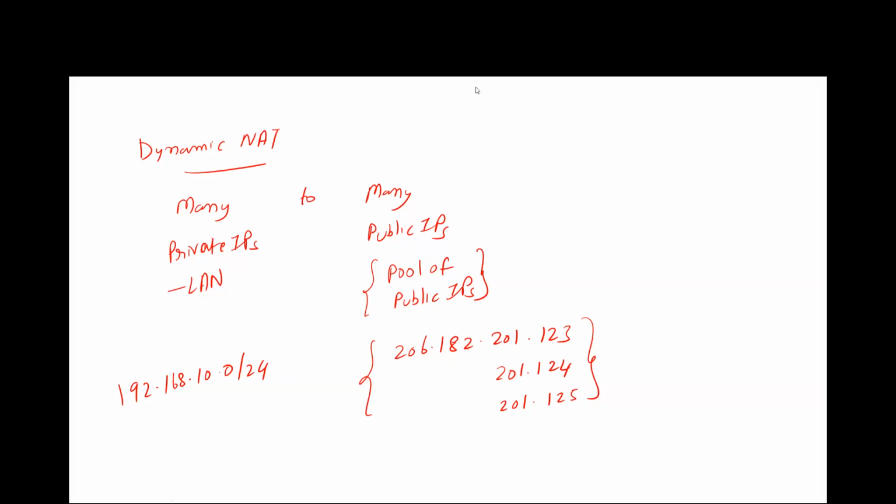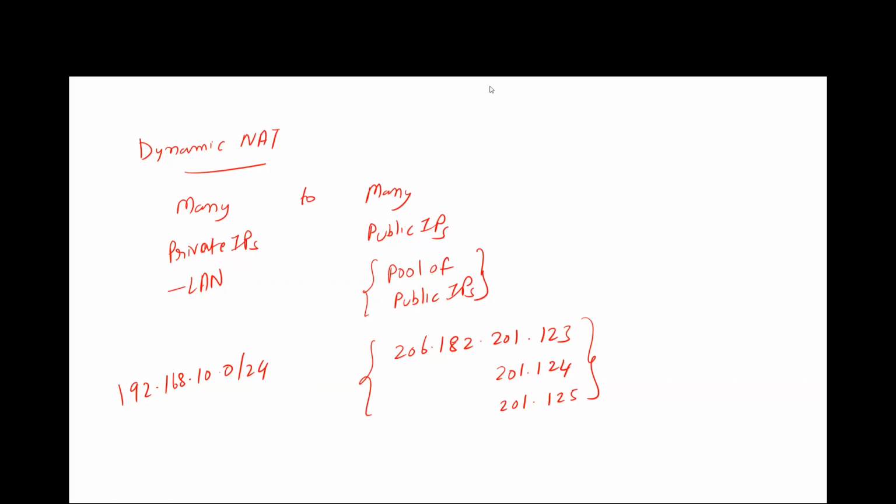With this dynamic NAT, I'm taking three IP addresses in the public IP pool, so three computers from our LAN network will be able to reach the internet at any given point of time. If you take a public IP pool with five IP addresses, you can permit five computers from LAN to reach the internet at a time.